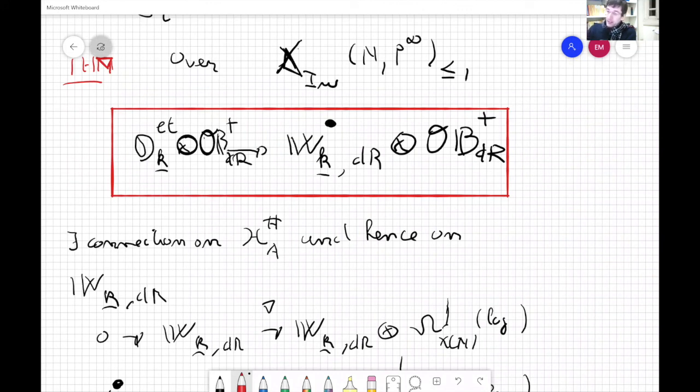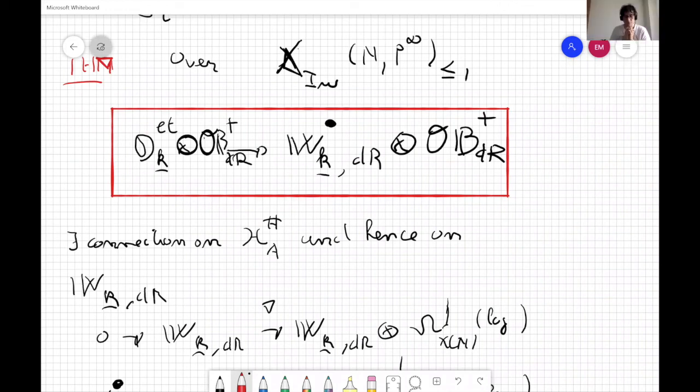Only on the graded pieces, which is actually enough, because there it gives you a description of the Kodaira-Spencer map. Using that, you can compute what happens for de Rham cohomology, even if you cannot describe the full connection.